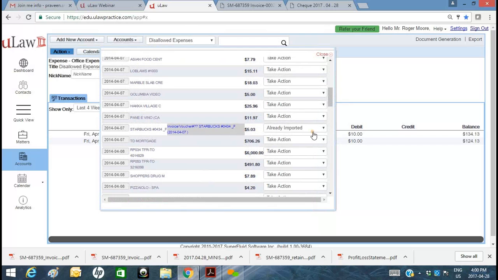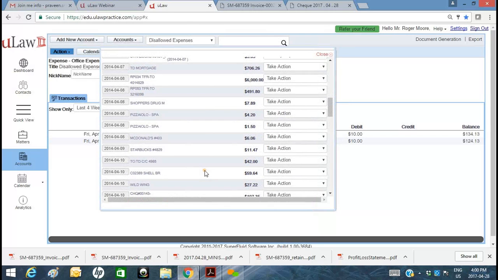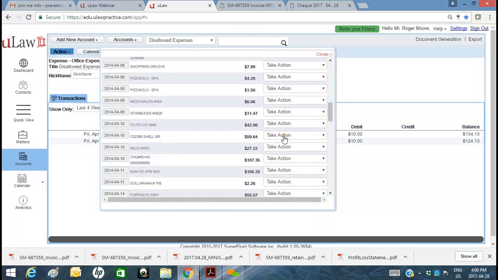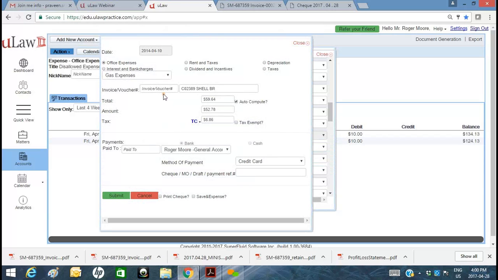Look at all those different things that I've completed before. There's some smart learning here. As soon as it recognizes that it's an expense from Shell, it realizes that it could potentially be a gas expense. It reads the Shell, Petro-Canada, etc. You go ahead and hit submit.